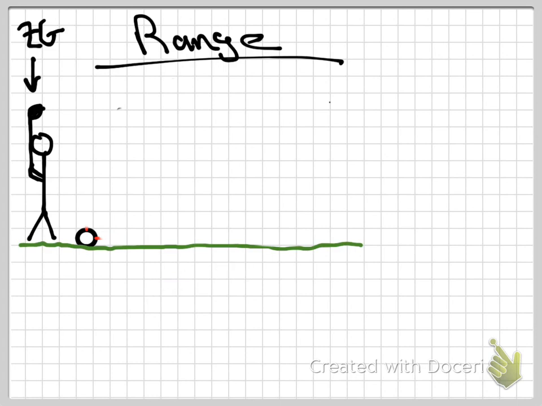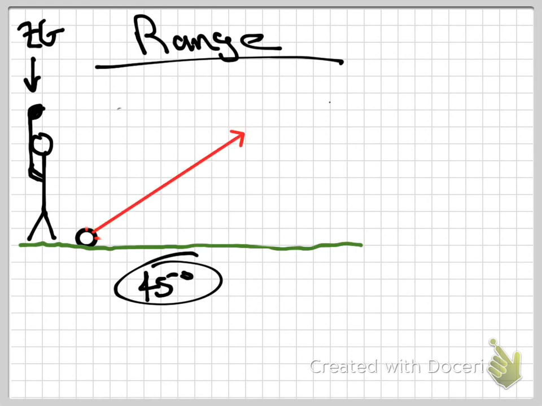Okay, so the greatest range you see is at 45 degrees, right? Smack in the middle. So to hit something the farthest, you want to hit it with equal horizontal and vertical velocities.